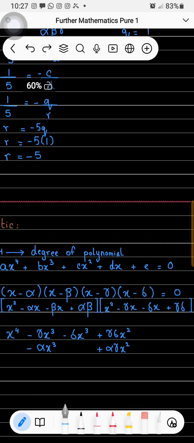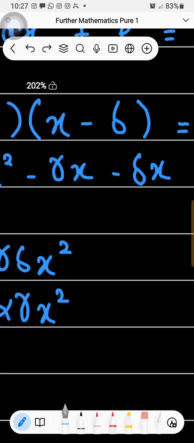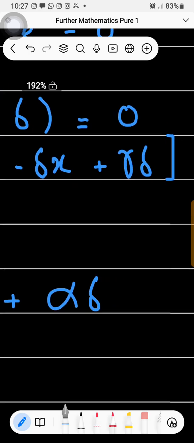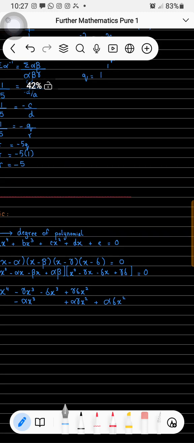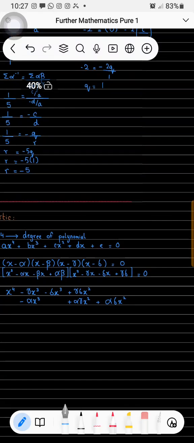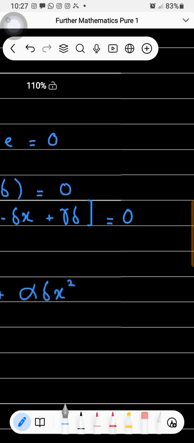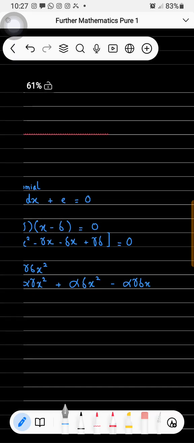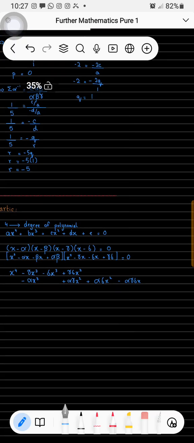Then minus alpha x multiplied by minus delta x becomes plus alpha delta x square. Then you multiply minus alpha x with gamma delta, it becomes minus alpha gamma delta x. Okay till this?